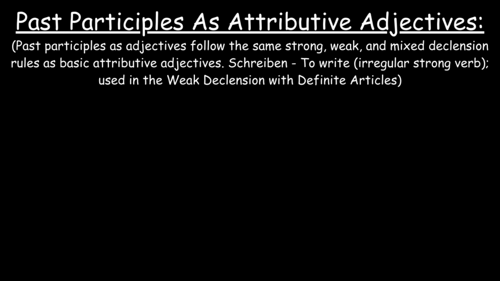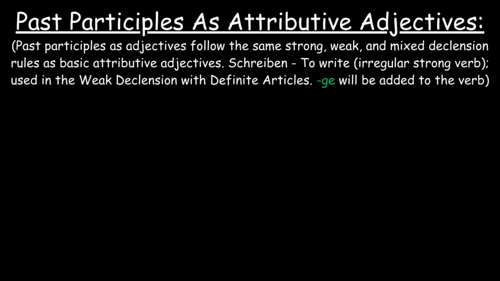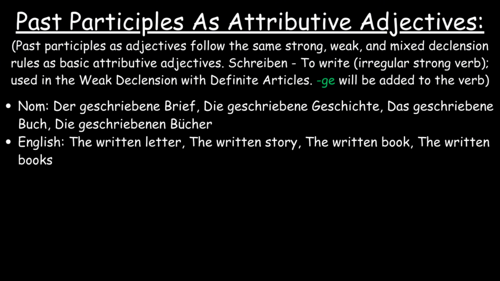Let's take the verb schreiben, and let's use it in the weak declension, which uses definite articles. Because schreiben is an irregular strong verb, its past participle will begin with ge, and in the weak declension, it will look like this. Der geschriebene Brief, die geschriebene Geschichte, das geschriebene Buch, die geschriebenen Bücher.